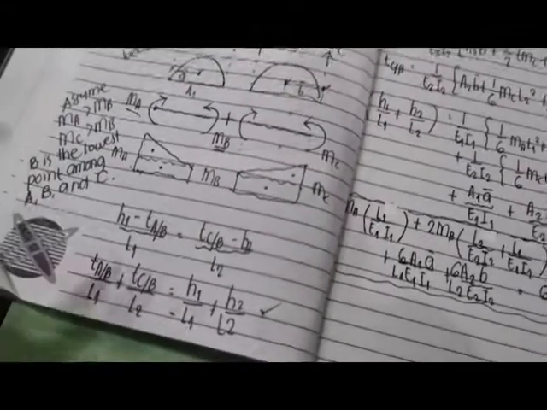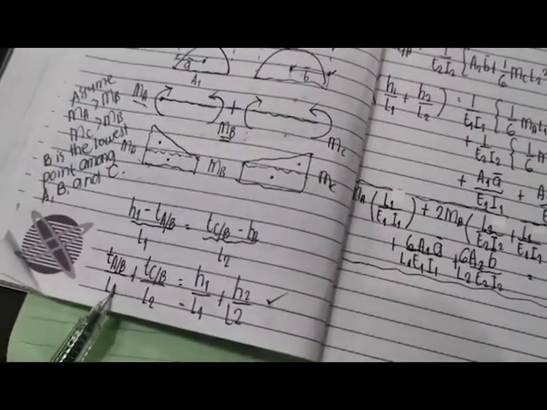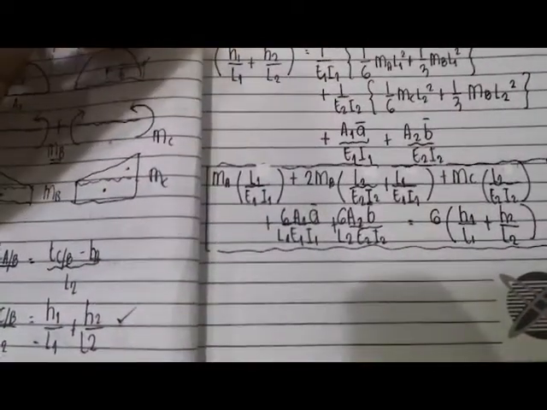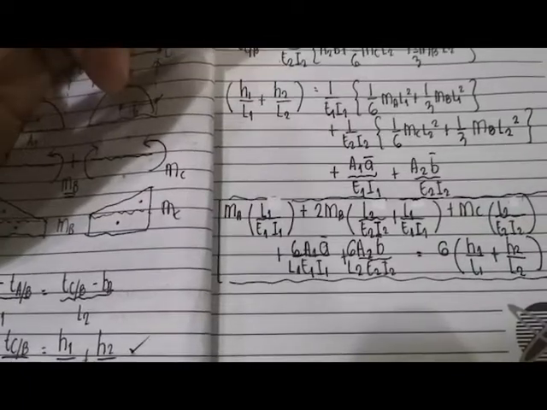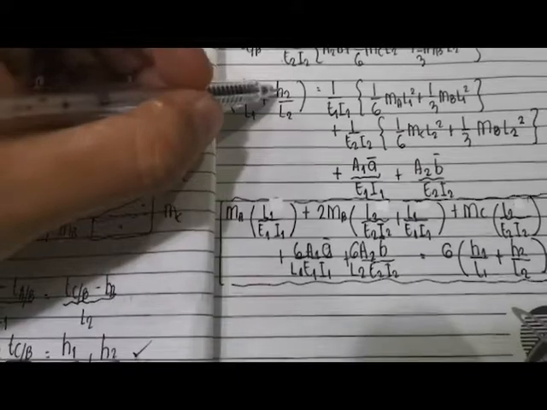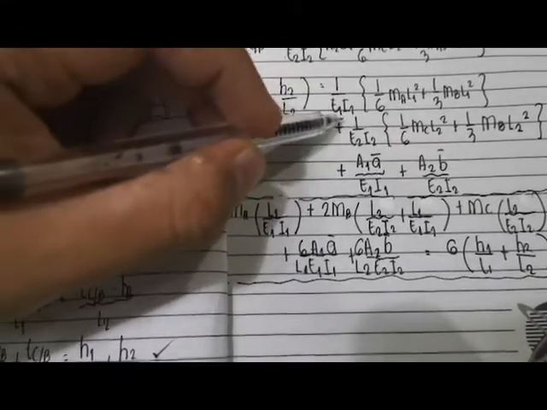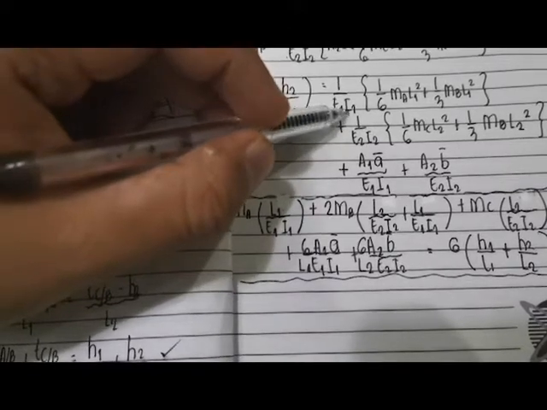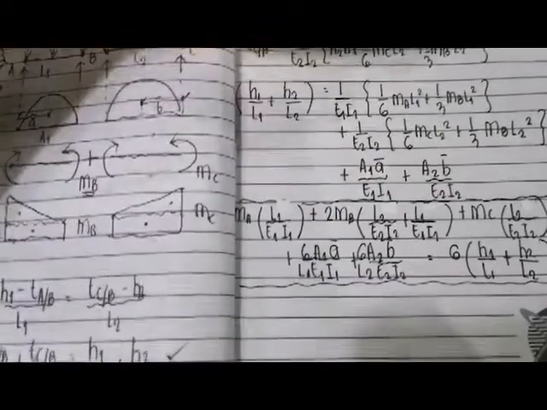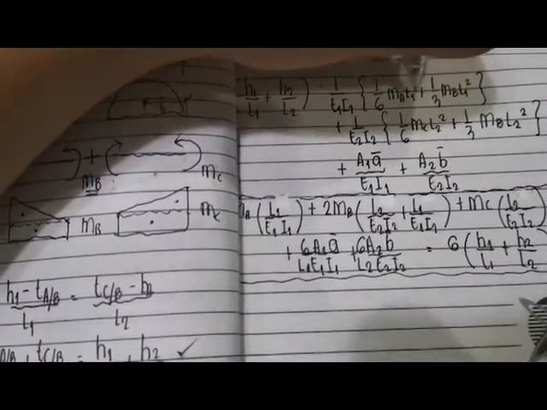So from the original equation, we are just going to divide them by L1 and by L2. Therefore, we will be able to have this one: H1 over L1 plus H2 over L2 is equal to 1 over E sub 1, I sub 1 multiplied by 1/6 MA L1 squared.